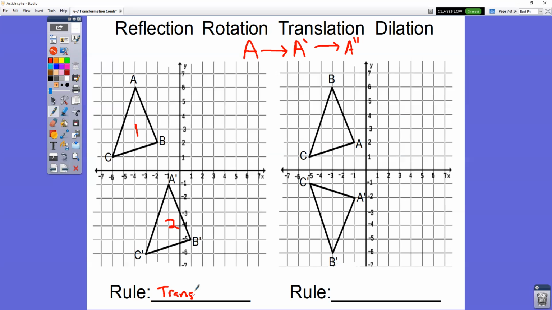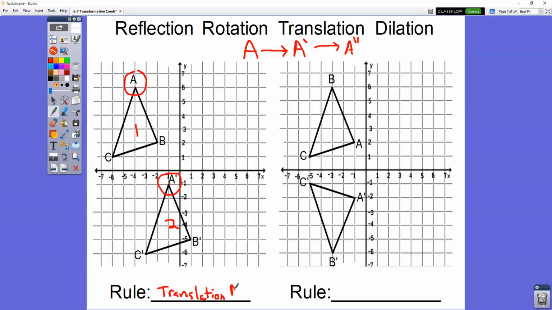And now, again, when you write the word translation, you have to be specific. You can't just put translation. You have to say how many left or right, how many up or down. So let's take a look at going from A to A prime. So to get from here to here, I have to go 1, 2, 3 places to the right.